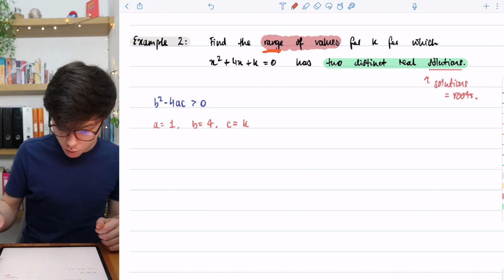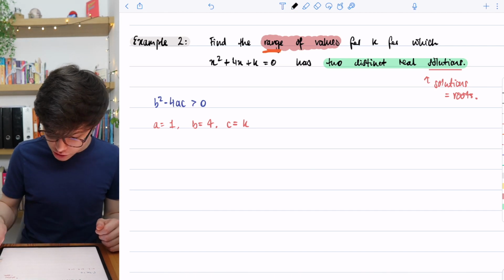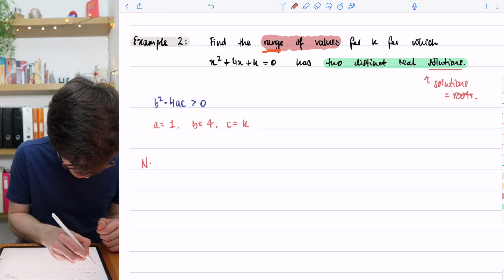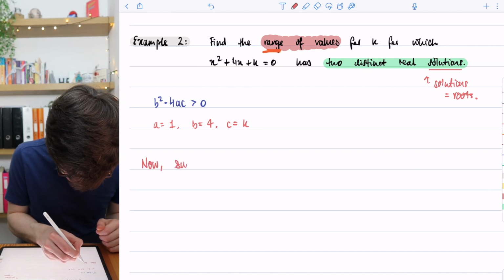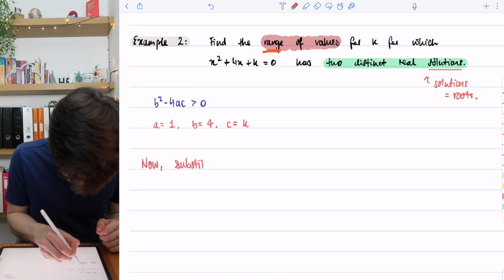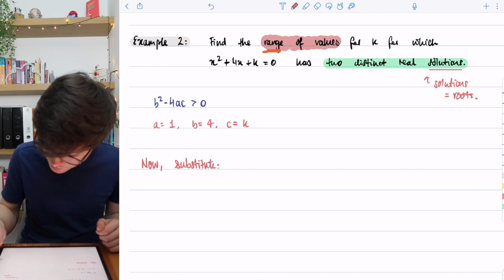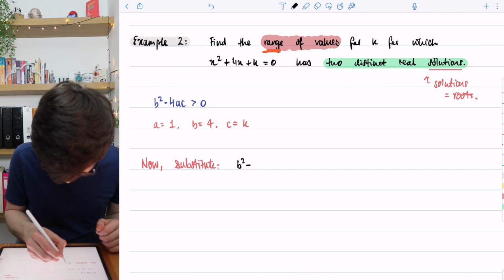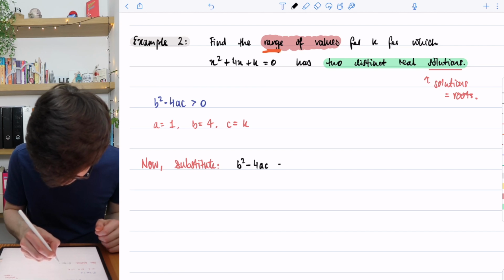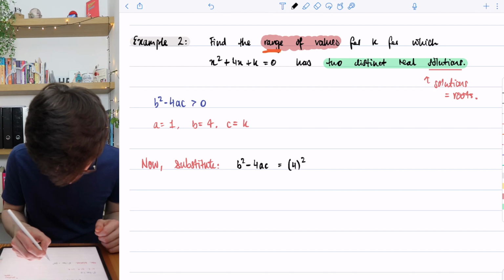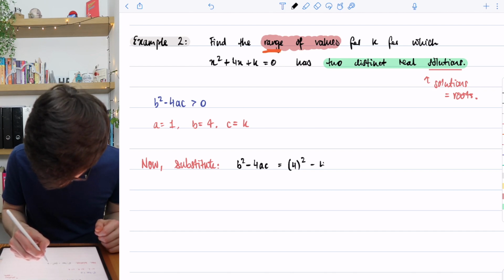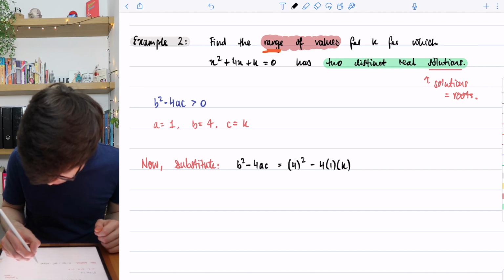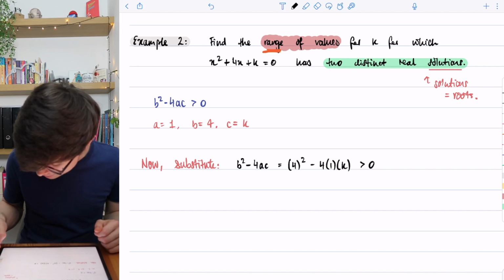So what do we need to do? Well, I'm going to substitute in. I get b squared minus 4ac, which is 4 squared minus 4 times a times c, and we want that to be greater than 0.